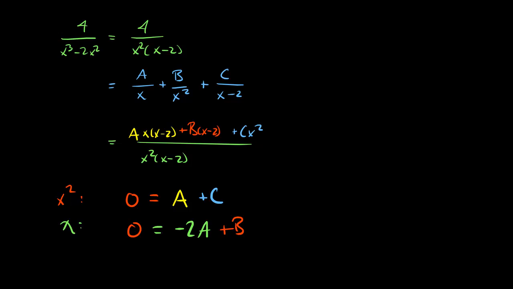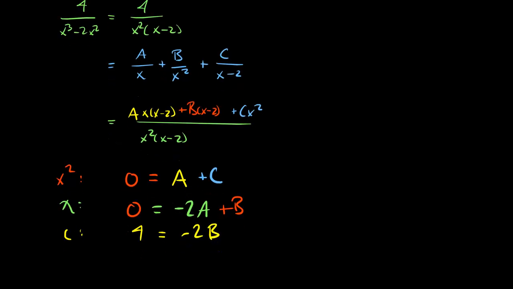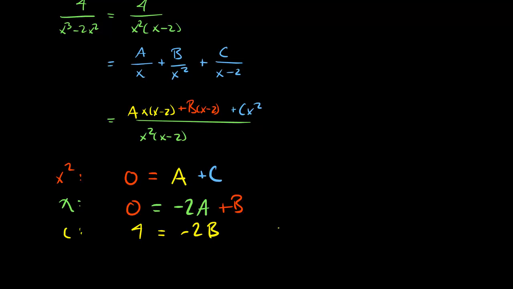And then finally we have, for the constant terms, 4 and just minus 2B are our constant terms. So this gives me these numbers that B is negative 2.